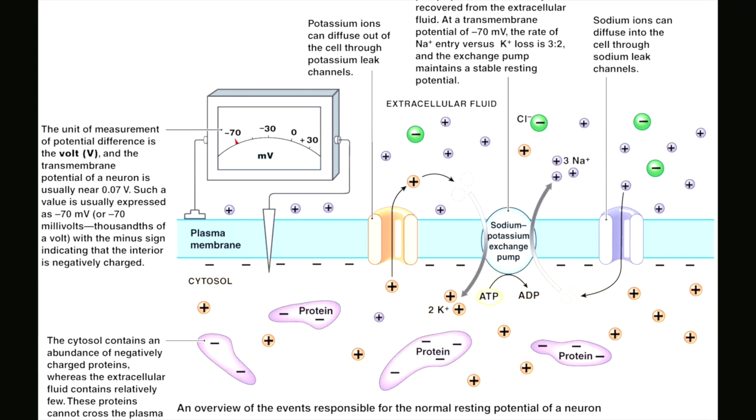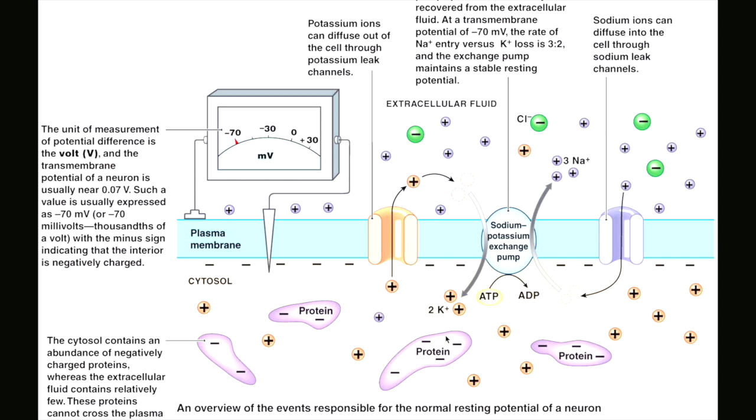So an undisturbed cell has potassium leaking out through leak channels, and then it has sodium leaking in through leak channels. They're just moving because of diffusion. And then you have the sodium-potassium pump pumping sodium out and potassium back in to maintain the concentration gradients.